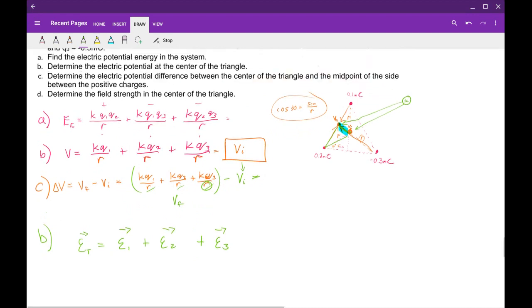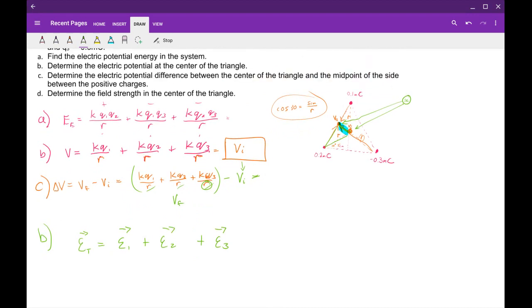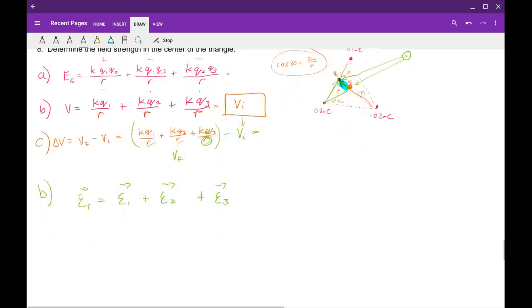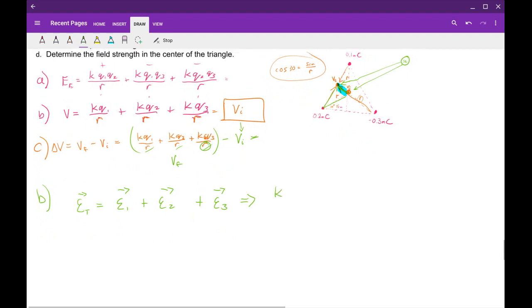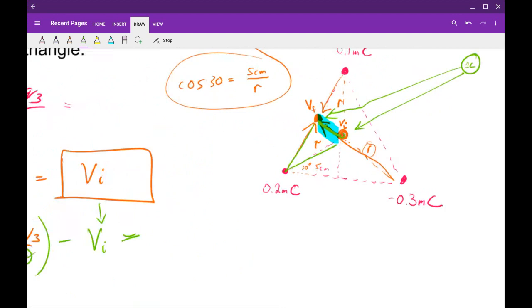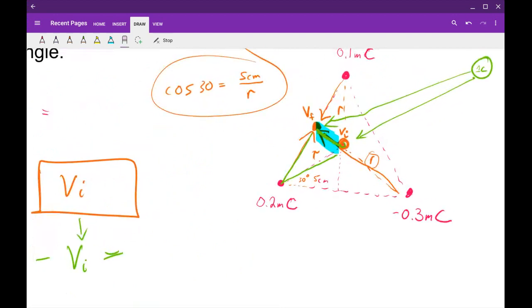Wait a minute, what am I trying to do? Determine the field strength in the center of the triangle. Yeah, that's perfect, this is pretty easy. Let me go to my triangle here and erase all this stuff.